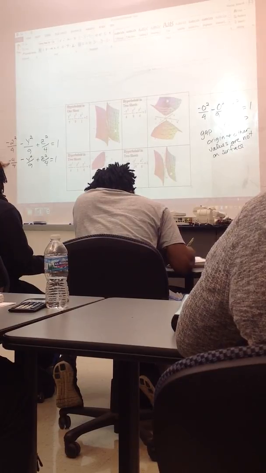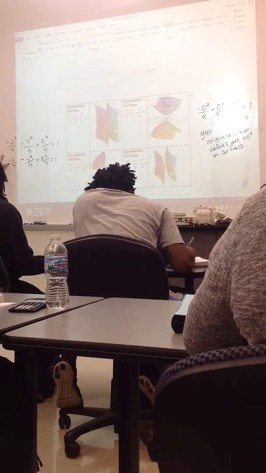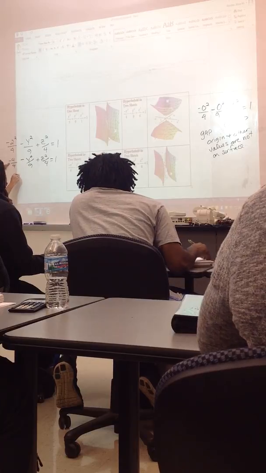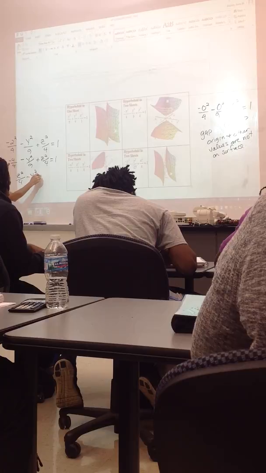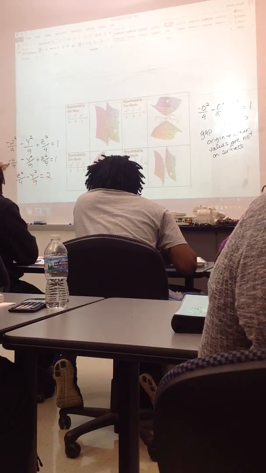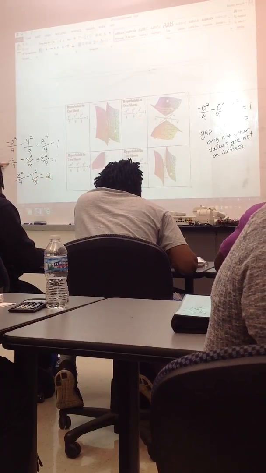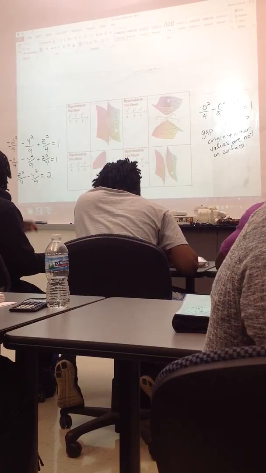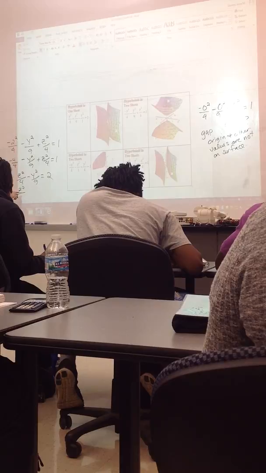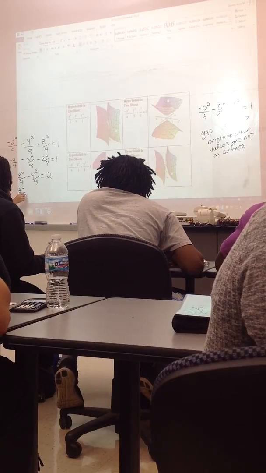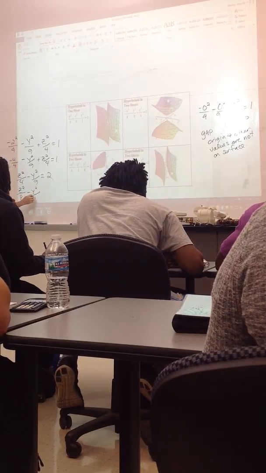So this is negative 1, but if I move it to the other side and rearrange things so it's a little more familiar, I get, okay, so this was negative 1, but then I moved it to the other side, and I'm going to try to make that equal to 1, so I'm going to now divide by 2.